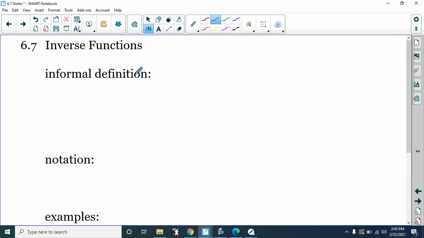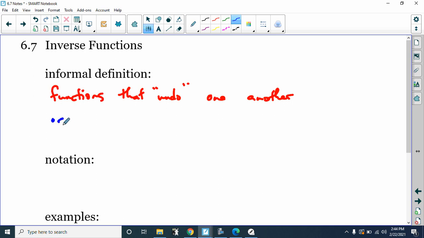And then the new section was 6.7 on inverse functions. Inverse functions are two functions that undo one another, that cancel out each other. To find an inverse function, we are going to switch x and y.